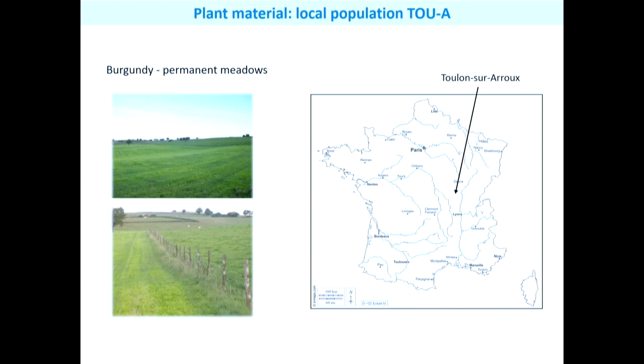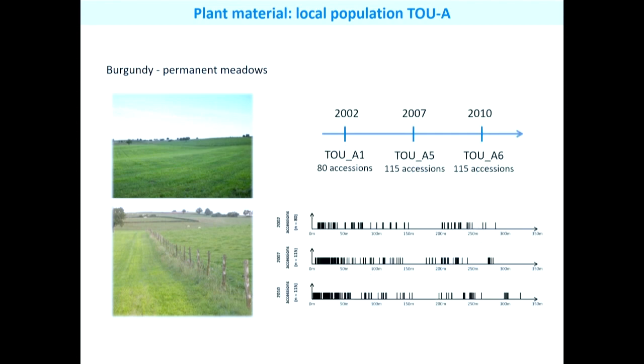So it was pretty easy because I was the only one allowed to go there. I collected the seeds of 80 accessions in 2002, 115 accessions in 2007, and 150 accessions in 2010. And here you can see the location of the plants from which I collected seeds along the transect.